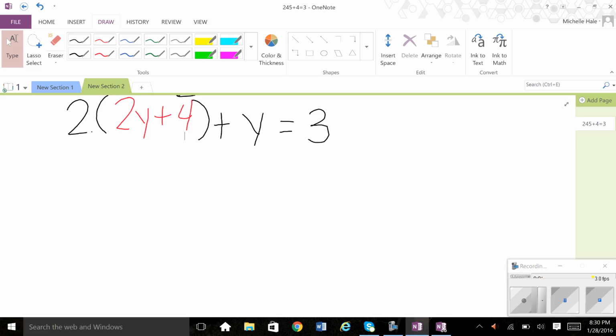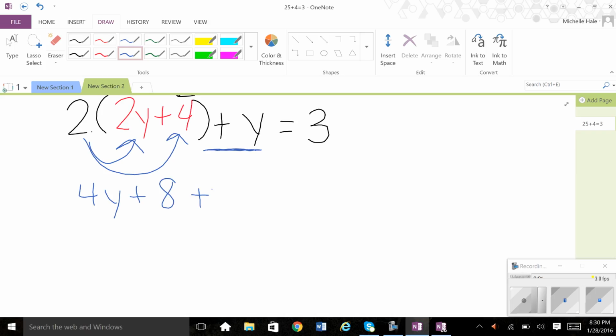Okay, so now what we need to do is distribute to simplify. So we're going to distribute that 2 to both terms. We're left with a 4y plus 8, and then we still have that plus y there, equals 3. Then I will combine like terms, so you'll end up with 5y plus 8 equals 3.